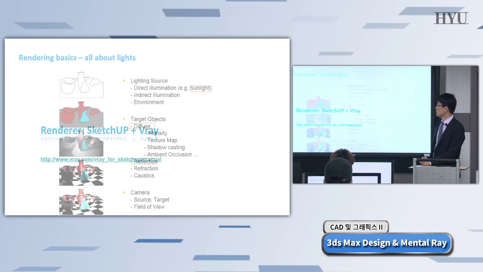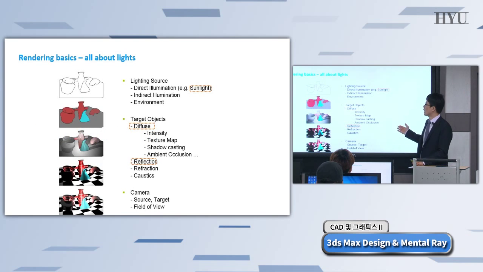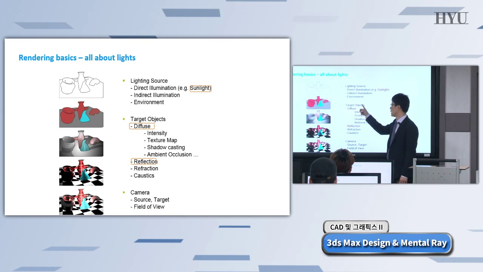Okay, let's move to the renderer again. As we discussed last week, we have three main components: lighting source, camera, and the views. They are fundamental. We have a default light and a default camera. Without them, we cannot see anything. The main subject for our rendering and visualization is of course our target objects.